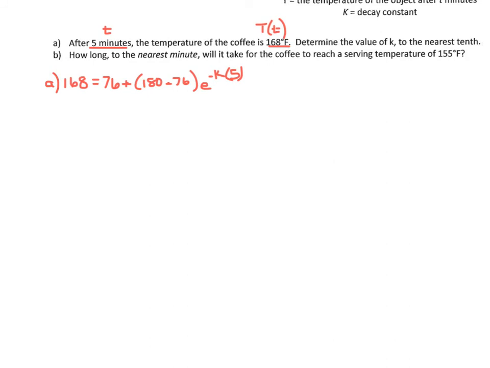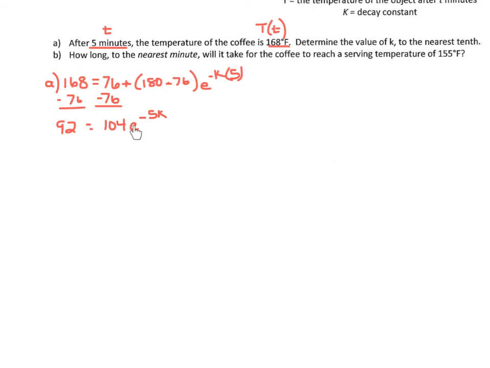All right, so I'm first going to just subtract 76 from both sides of the equation. So that'll leave me with 92 equals, and if you like to combine this, 180 minus 76 is 104, times e to the, and negative k times 5 I'm going to write as negative 5k. All right, so now, since we're solving for a variable, for an exponent, we need to get its base by itself.